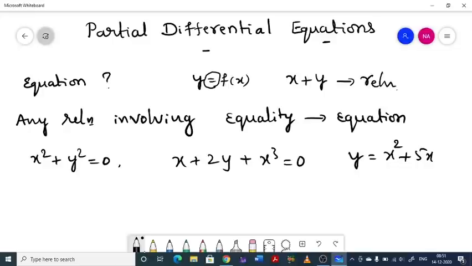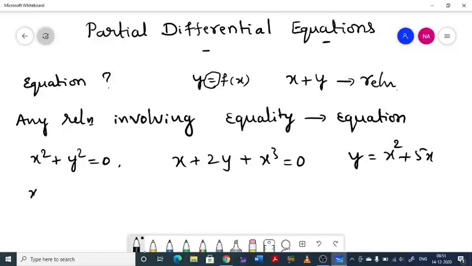Now see, I have this equation x square plus y square equal to 0. I have to identify the dependent and independent variable so that writing the differential coefficient will be easier. Or okay, let us forget about dependent and independent variables.